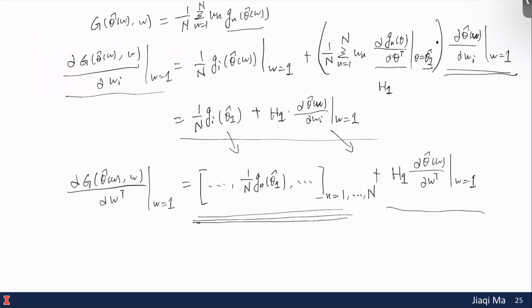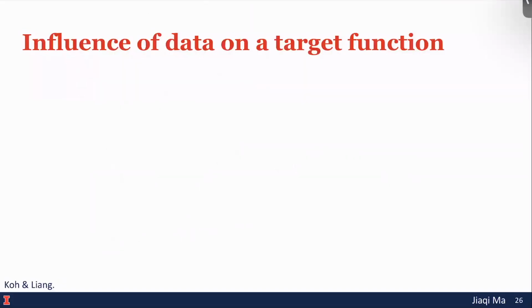Okay, now our next question is, because eventually, most times we are interested in how individual data points influence the model behaviors, right? Usually it's a model prediction.